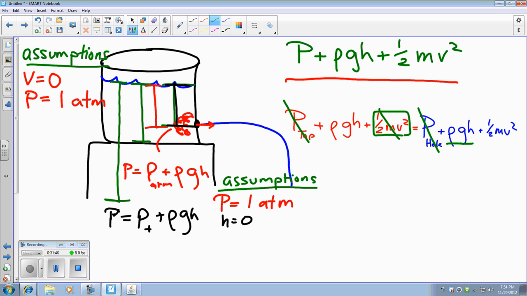And all of a sudden, what's really exciting is now I'm considering easy ways to calculate the velocity as the water exits the hole. Maybe I'm calculating the height at which the velocity can exit the hole. Maybe I'm saying that the water level must be at this height in order for the water to exit at a given velocity. But I can make all these assumptions because I was able to cancel out certain variables in the equation.